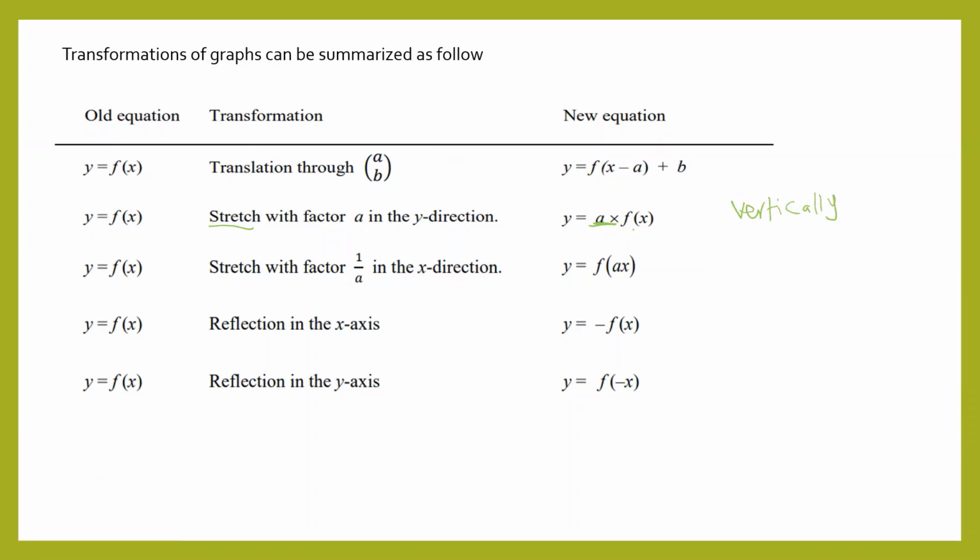We just multiply the y-coordinates of the original function by the number which is given here. All the y-coordinates of the original function will be multiplied by the number which is written here, and we're going to take an example.